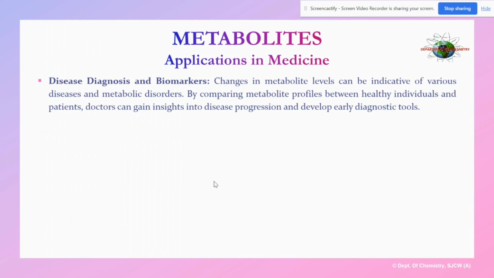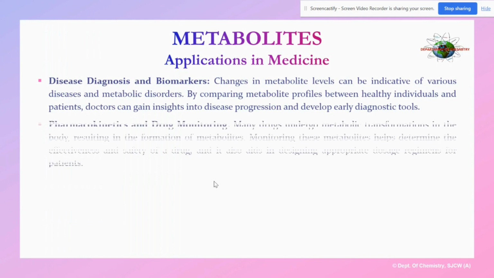By comparing metabolite profiles between healthy individuals and patients, doctors can gain insights into disease progression and develop early diagnostic tools. So, by monitoring the changes in metabolite concentration, diseases can be diagnosed.